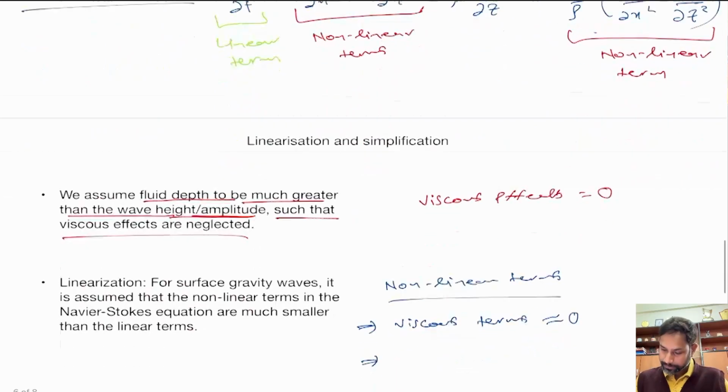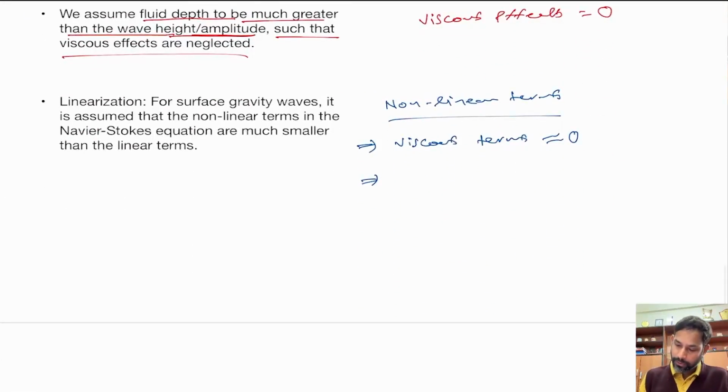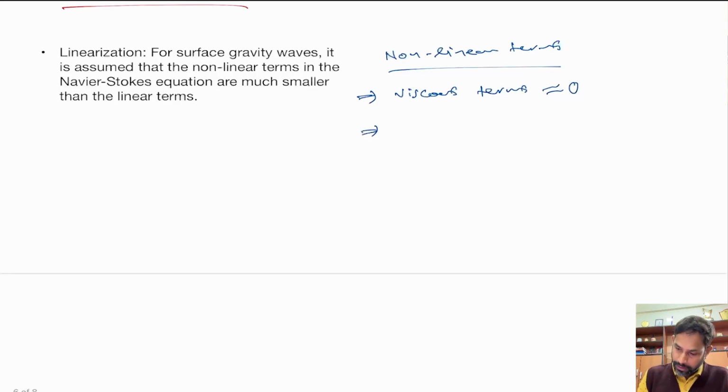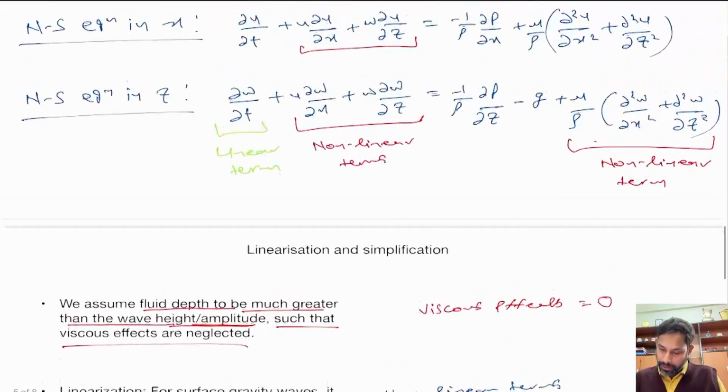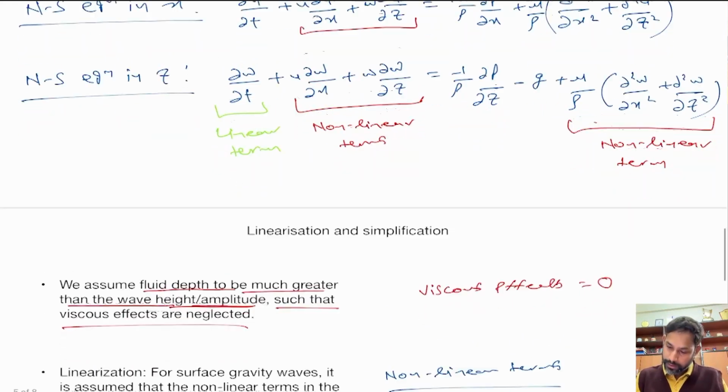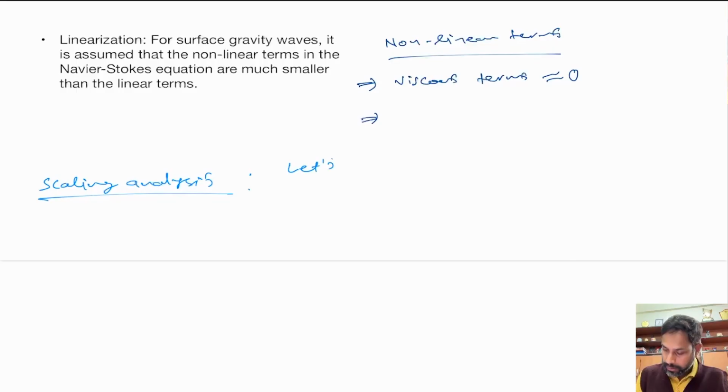To understand the effects of the non-linear term, we actually do a scale analysis, where we'll compare du by dt with u du by dx, for the first equation.